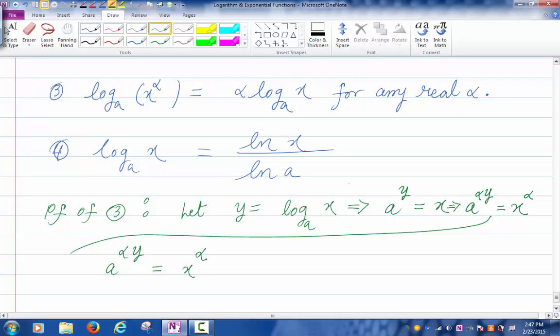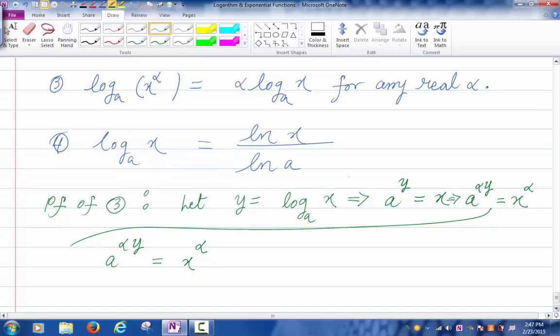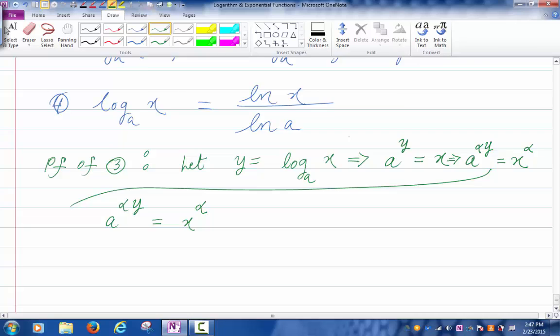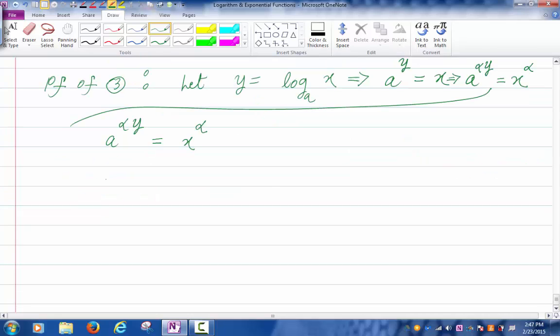But what do I want to show? I want to show that the log base a of x to the alpha is alpha times log base a of x, right? So let me write it down one more time like this.